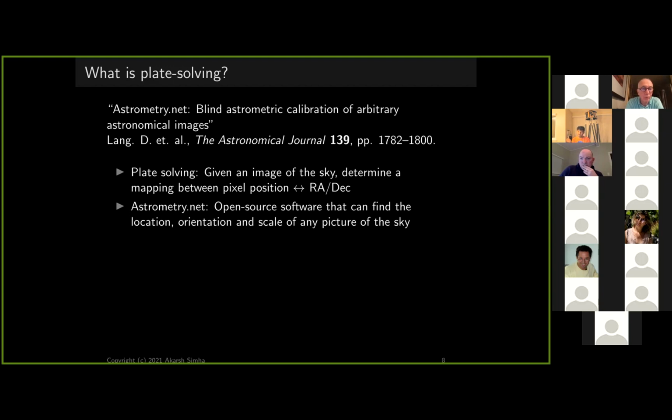And they didn't just propose this idea or an algorithm, they actually implemented it. And so they have open source software that can find the location, orientation, and scale of any picture of the sky. So once you have the location, orientation, and scale, you can map every pixel position to an RA/Dec pair of coordinates.